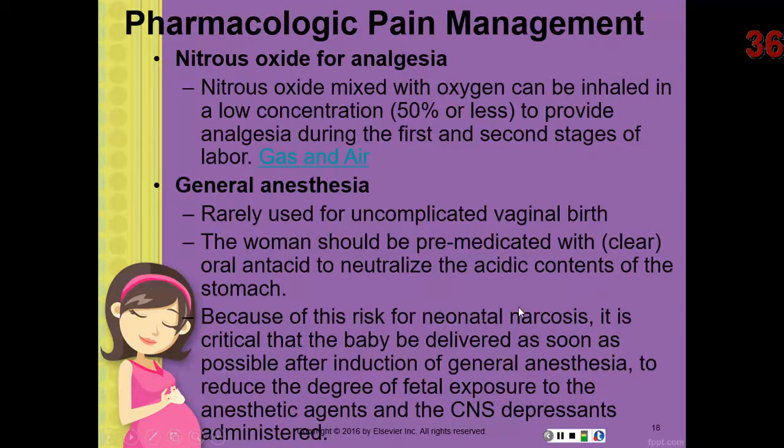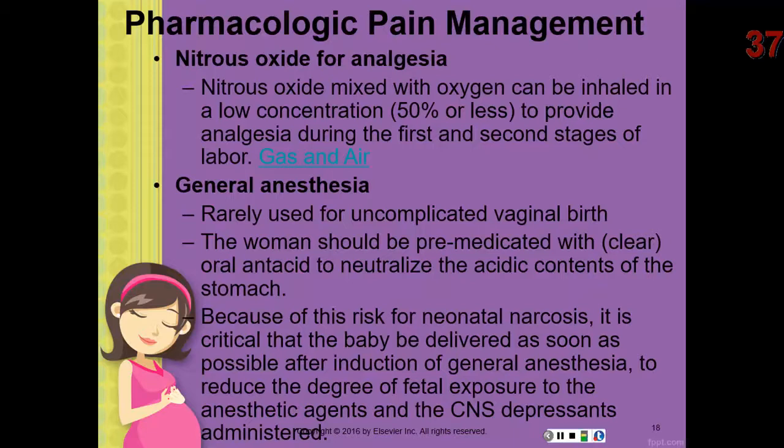And then general anesthesia. General anesthesia is not something that we use. When I first started practicing, they didn't do spinals for C-section, so moms weren't awake.